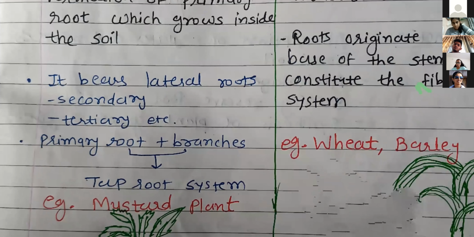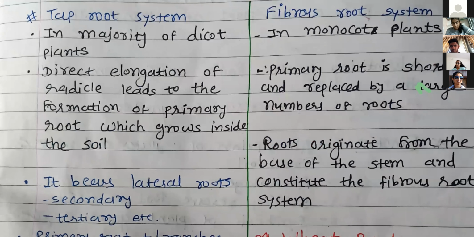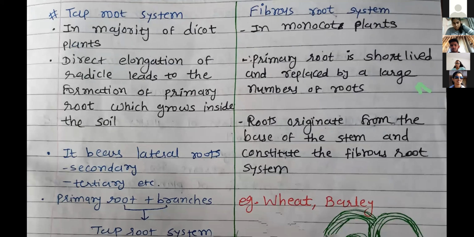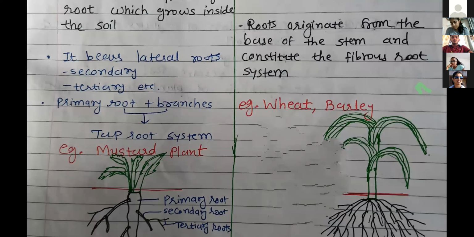Generally all dicots have a taproot system, in the majority of dicot plants, though some exceptions are there. Direct elongation of the radicle leads to the formation of the primary root, which grows inside the soil. On this primary root, lateral roots arise, secondary and tertiary. So the primary root with its branches together forms the taproot system.